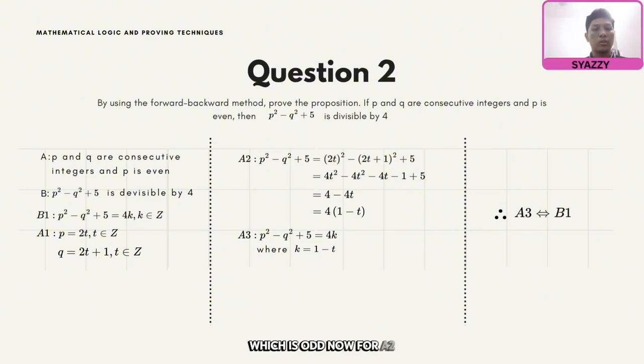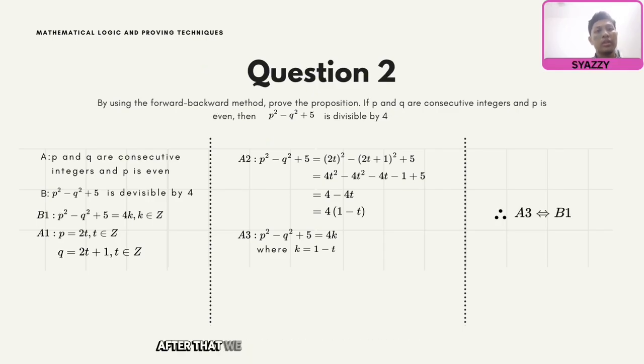Now for A2, we have to replace p and q in B1 with the formulas in A1, then factorize it, and it will give us 4 minus 4t.